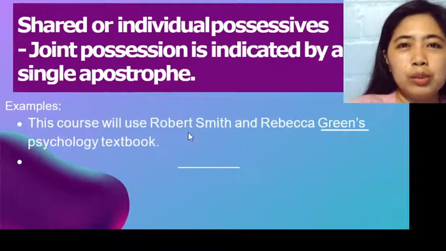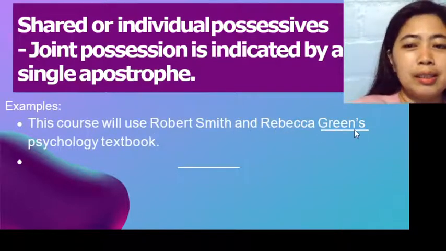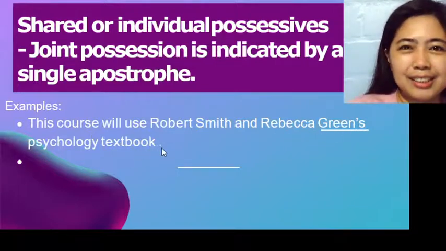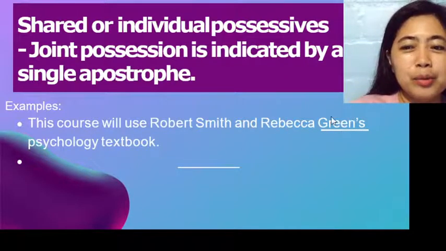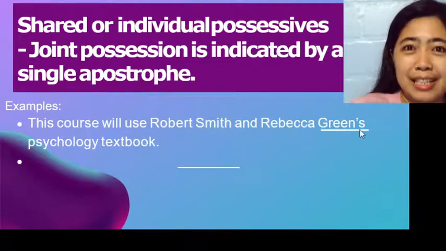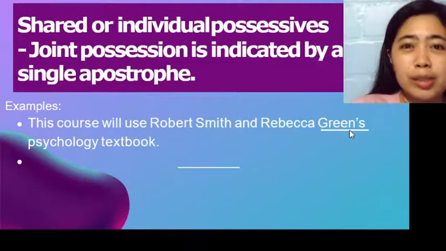This course will use Robert Smith and Rebecca Green's psychology textbook. Here, we only have the apostrophe on the family name of Rebecca, which is Green, because it means the textbook is a co-ownership between Robert Smith and Rebecca Green. They both own that book.